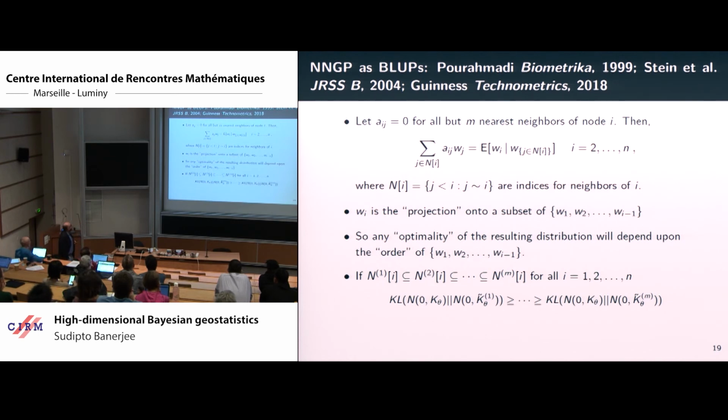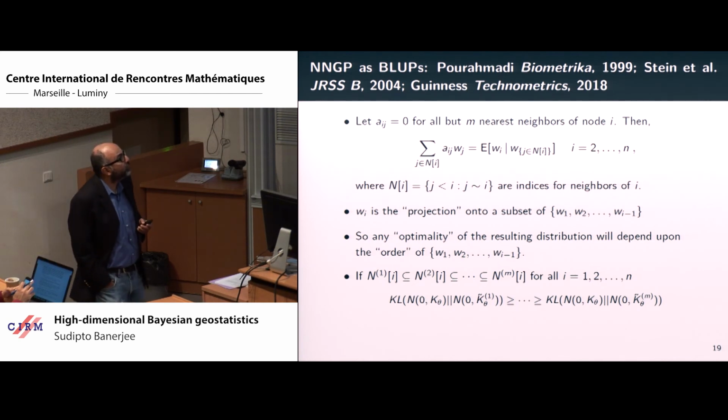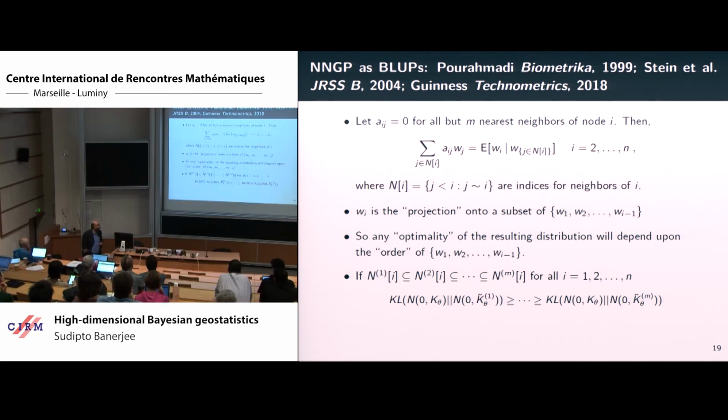So this NNGP has a very close connection with best linear unbiased predictors. And if you're wondering what best linear unbiased predictors are, well, there's a beautiful paper in Biometrika in 1999 by Pourahmadi. And then Michael Stein had a paper in JASA in 2004. Joe Guinness has a nice paper in Technometrics more recently, where they've used these BLUPs, as they like to call it.